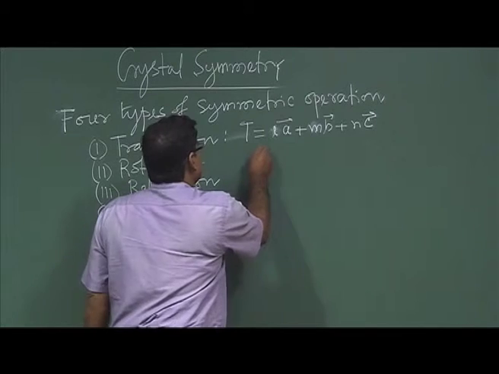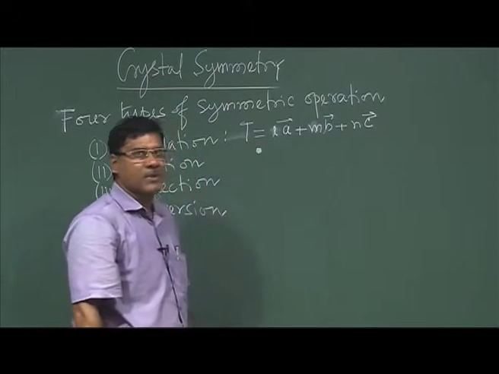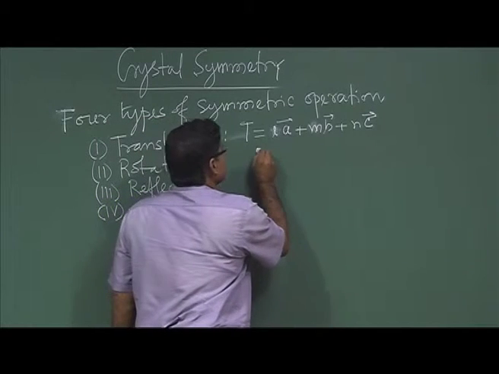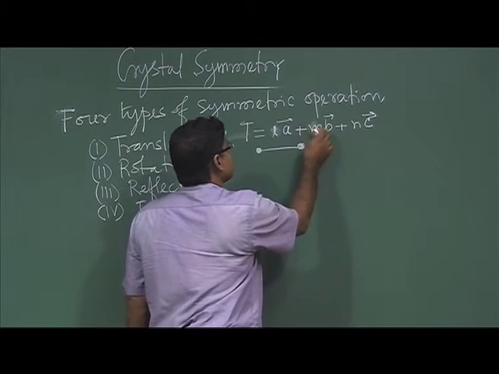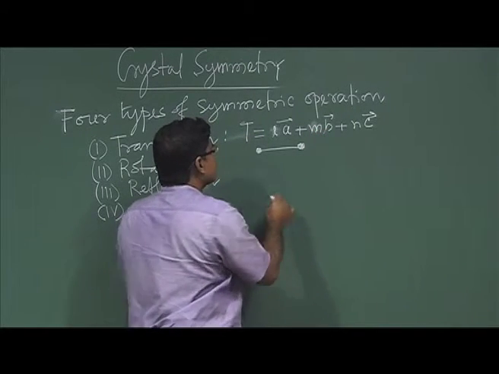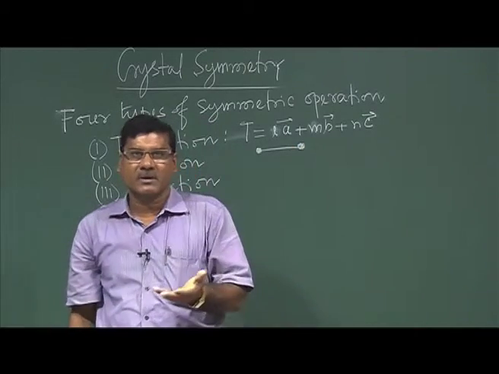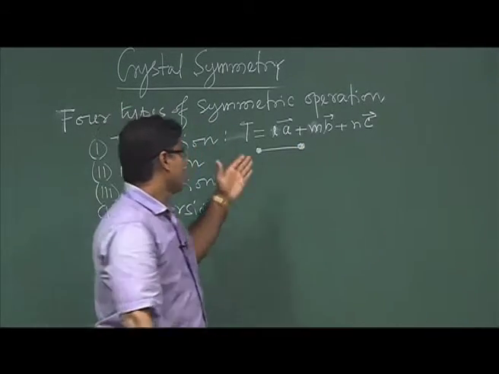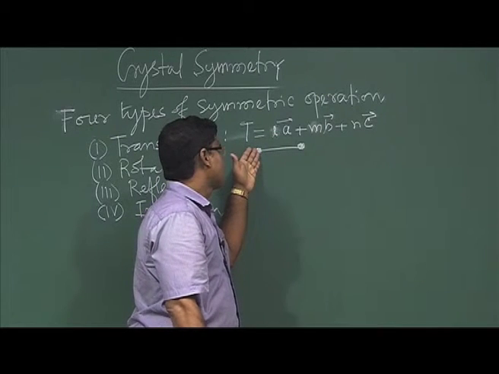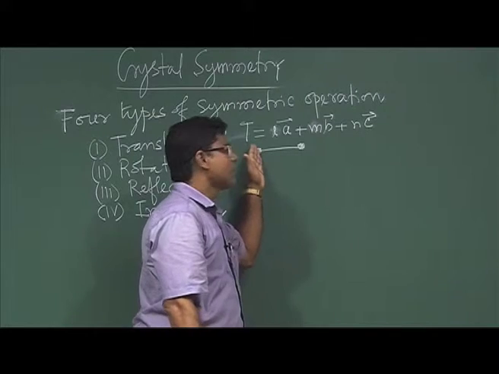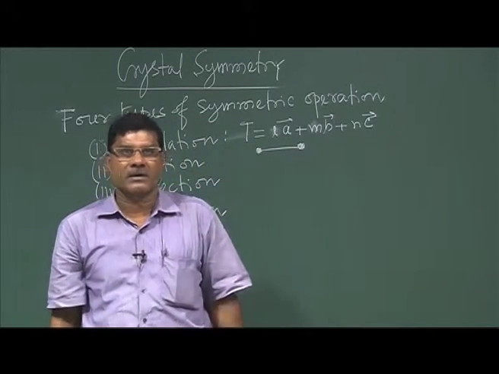So, in a crystal from one lattice point to another lattice point one can go using this translation vector. When it goes there, you will get the same environment. So, with any translation or shifting from one position to another position of a point, one cannot distinguish.